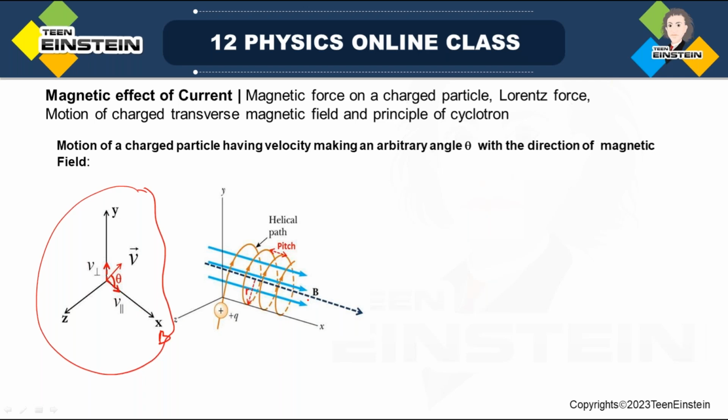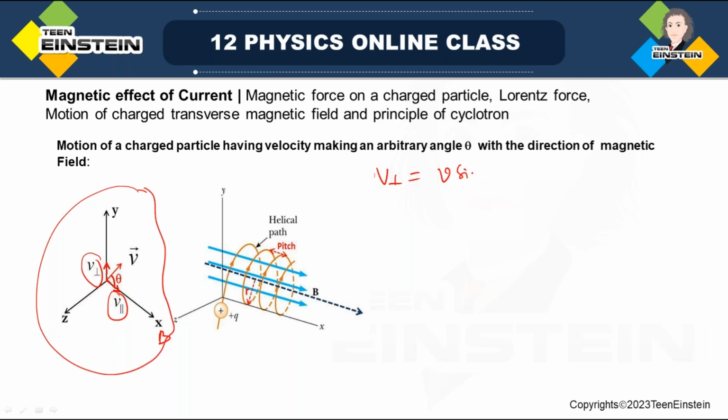So as I was showing you earlier, velocity will have two components, one along the direction of the magnetic field, another along the direction perpendicular to the magnetic field. So this is the perpendicular component, this is the parallel component.